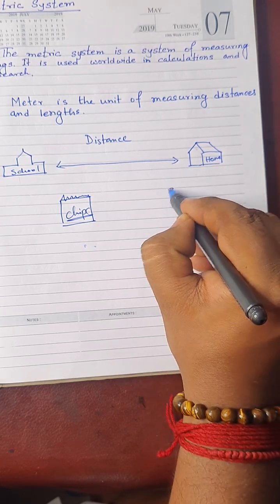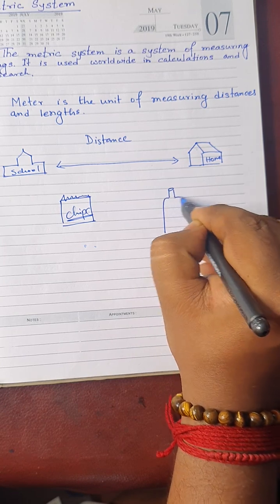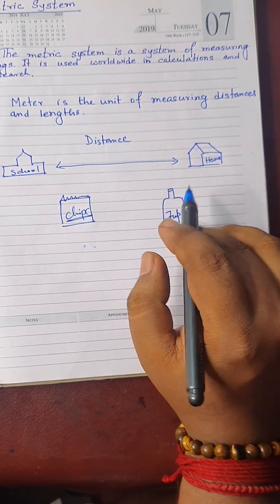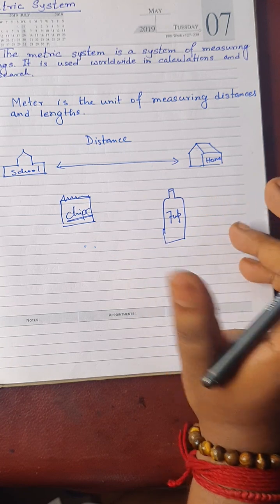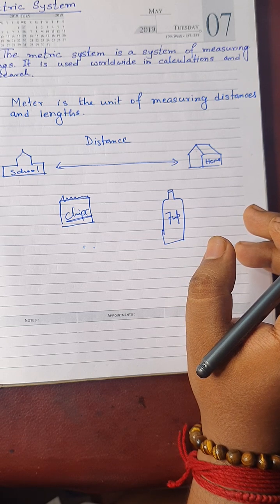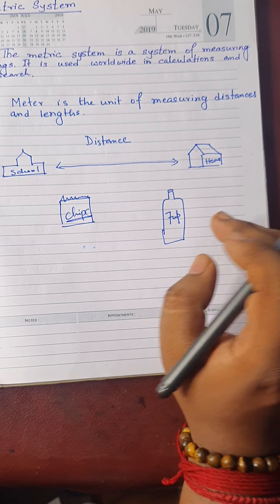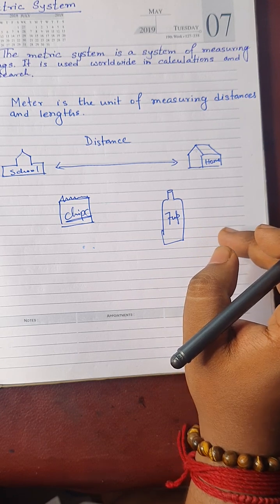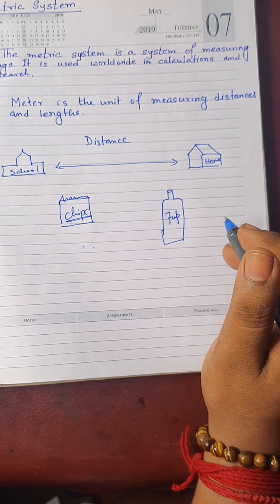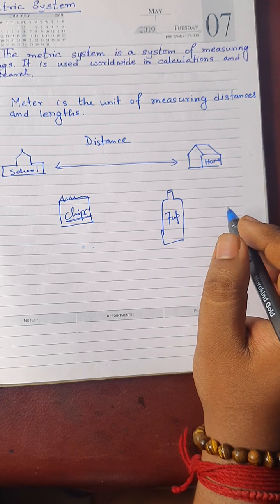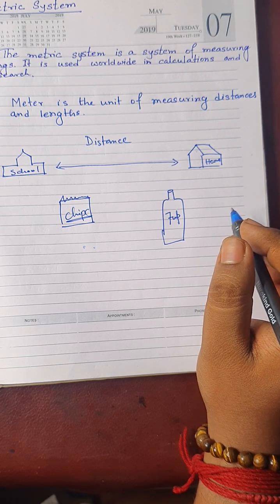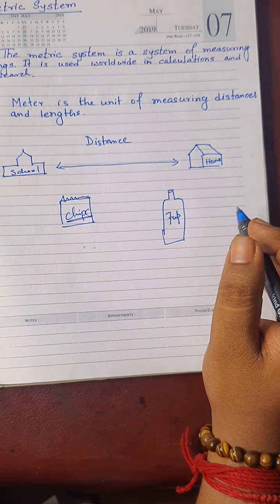Similarly, if you buy a bottle of cold drink, like 7 Up or Coca Cola, how will you measure that? 2 liter or 750 ml, 300 ml, 10 ml. So on the bottle of your favorite beverage, the volume is mentioned.